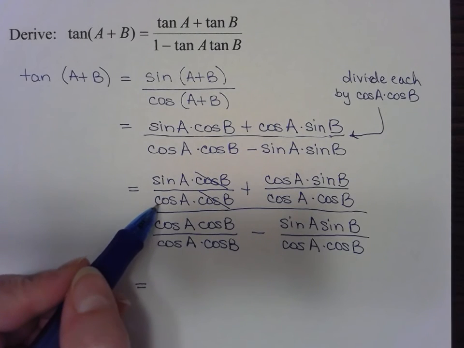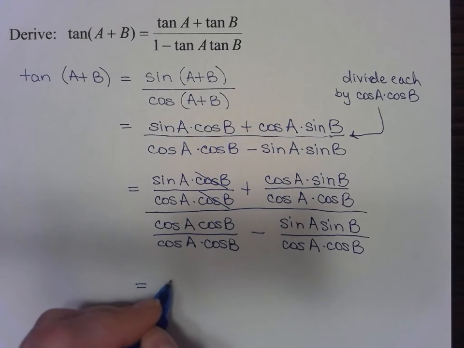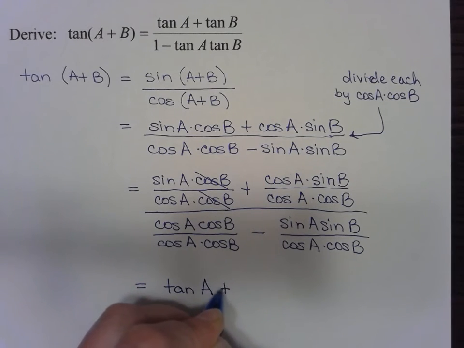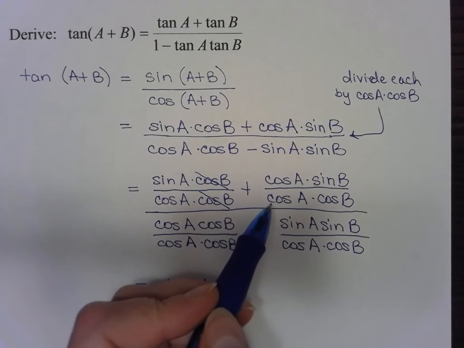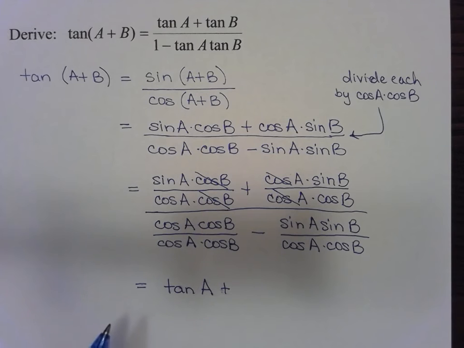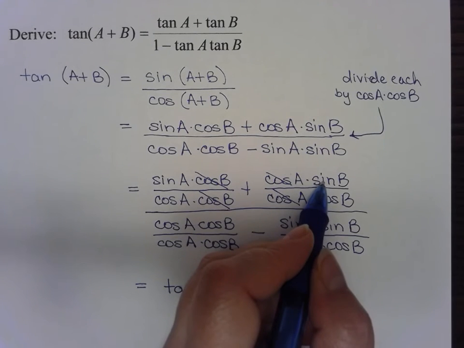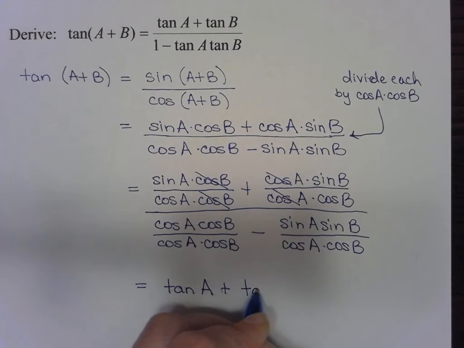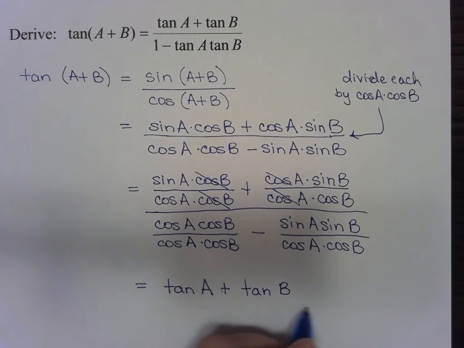And the sine over the cosine is the tangent. So this will be the tangent of A. For the second fraction in the numerator, the cosine of A will divide out, and we'll be left with sine of B over cosine of B, which is the tangent of B.